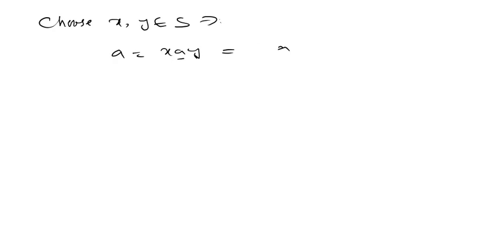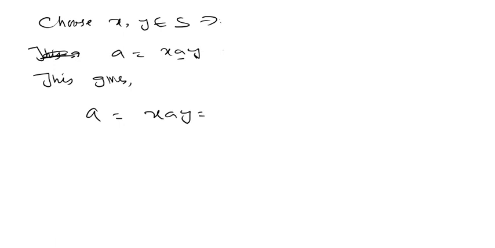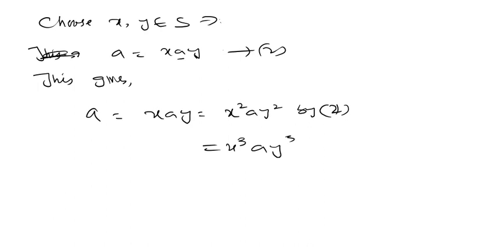So I will write it completely here. This gives A, it's equal to xAy, which is equal to x square A y square, we can write by 1 and 2, and this is equal to x cube A y cube, because again A equal to xAy, again by 2.